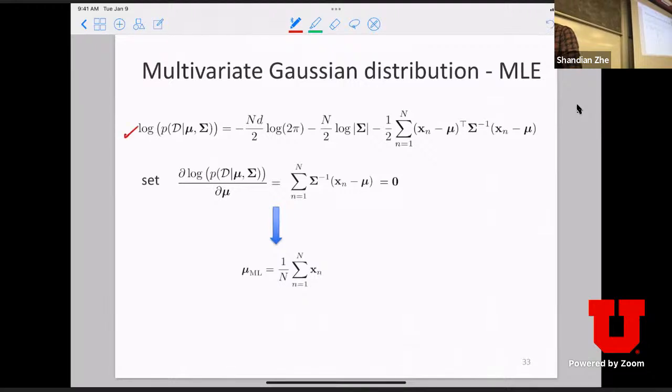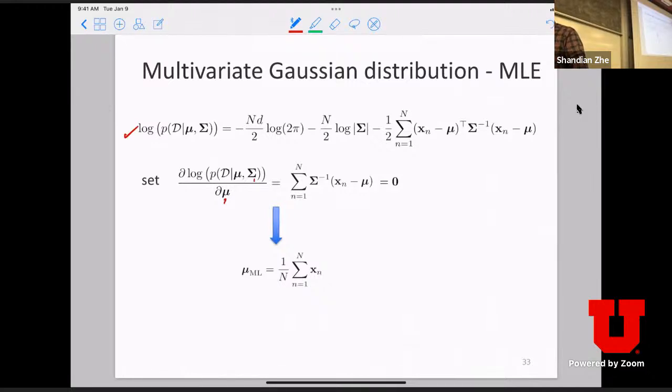As the name suggests, we want to maximize the likelihood. So we take the derivative or the gradient of the log likelihood with respect to mu and with respect to sigma, and we set the gradient to 0. We solve that equation so that we can get the MLE estimate.